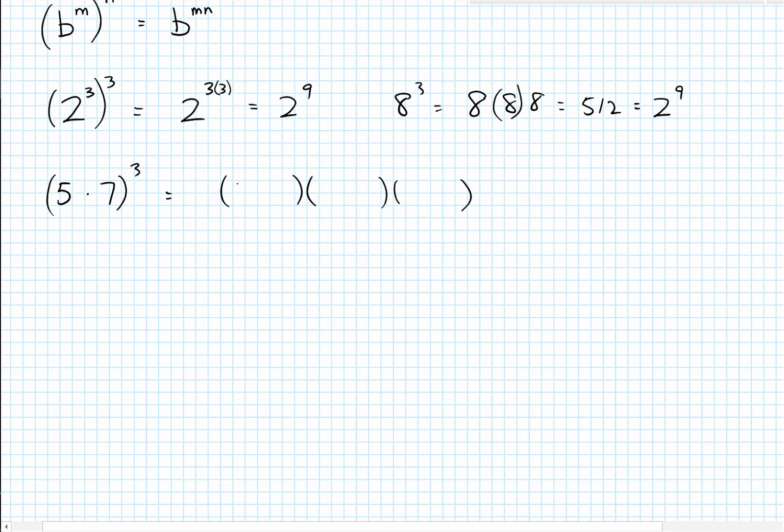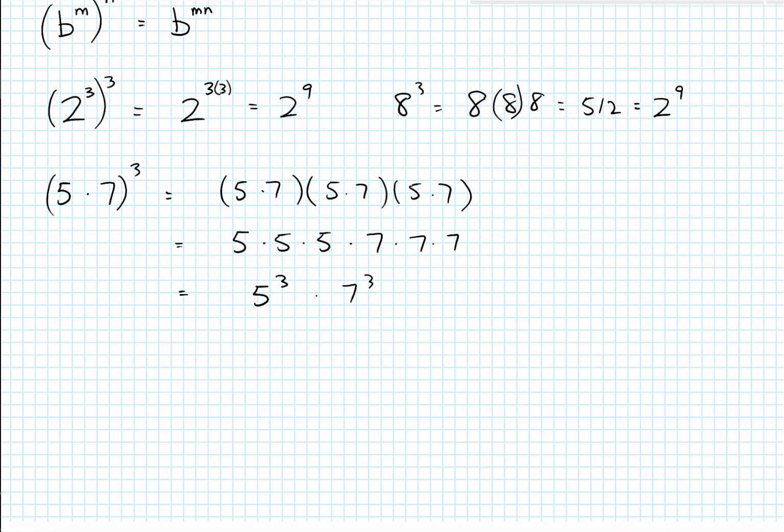So we have 5 times 7 in the brackets, and we're repeating that a few times. Well, we can just rearrange everything in the brackets there and put the 5s all together, and then put the 7s all together. And we can clearly see that this is just 5 cubed times 7 cubed. So it's almost as if that exponent 3 gets distributed to both the 5 and the 7.